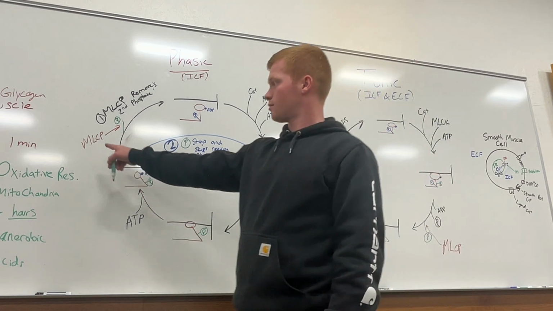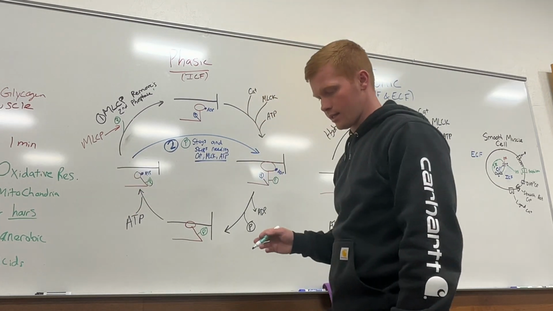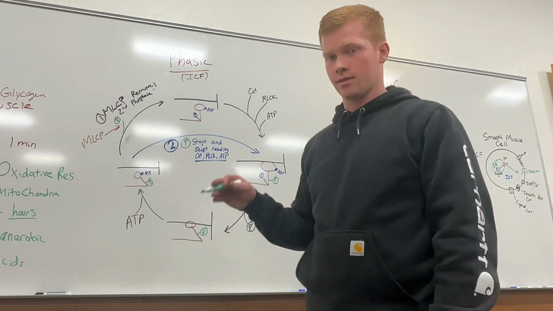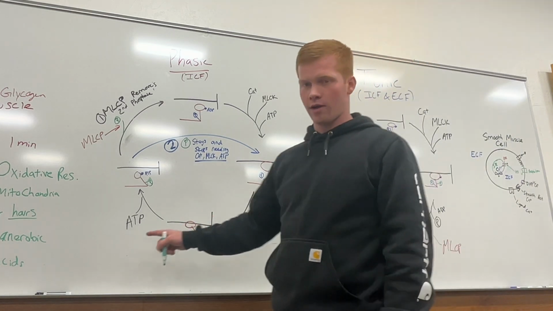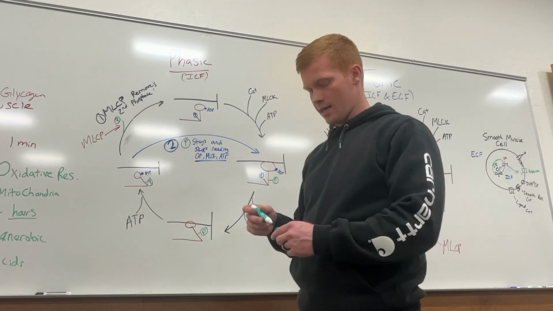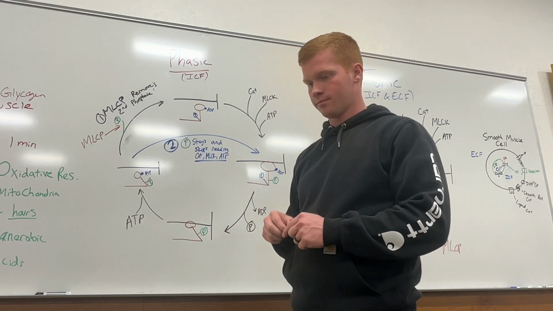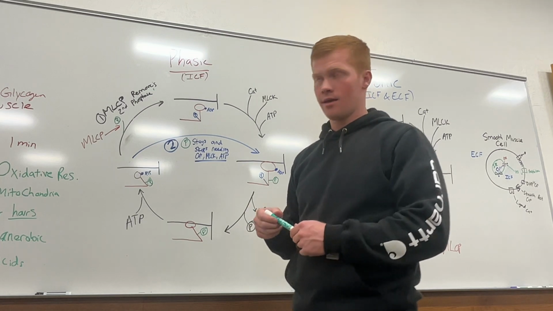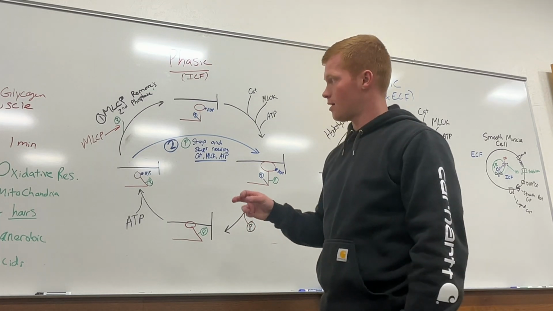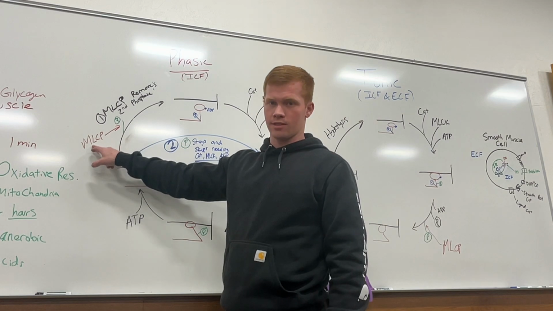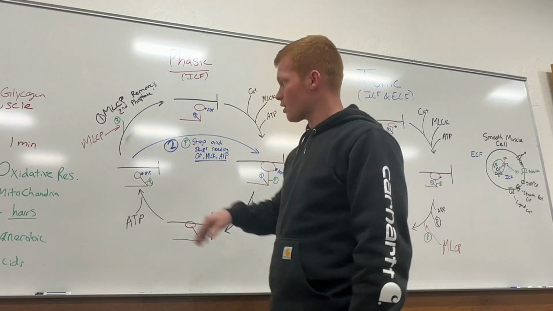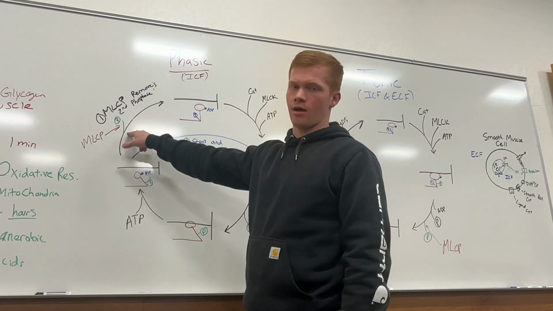But it's not always activated. It's only going to be activated when there's a lot of calcium, because there's something called rho kinase. If there's not a lot of calcium, rho kinase is activated, and if rho kinase is activated, it's going to inhibit MLCP. So it's a lot less likely that MLCP is going to come and snip off this phosphate.